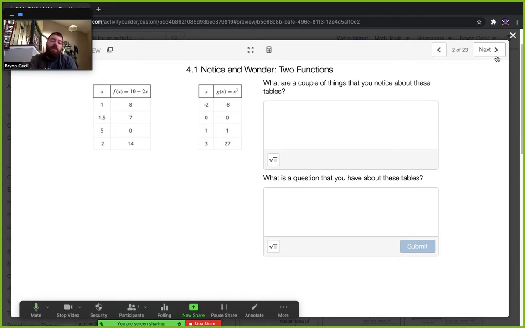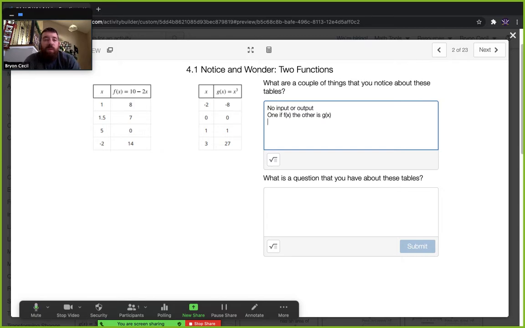What do you notice? What do you wonder? Here are 2 functions. What are a couple of things you notice about these? There is no input or output stated on any of these. One is f of x, the other is g of x.